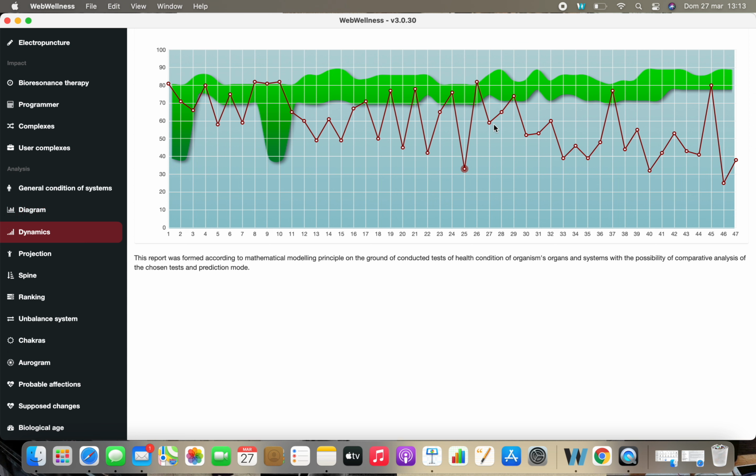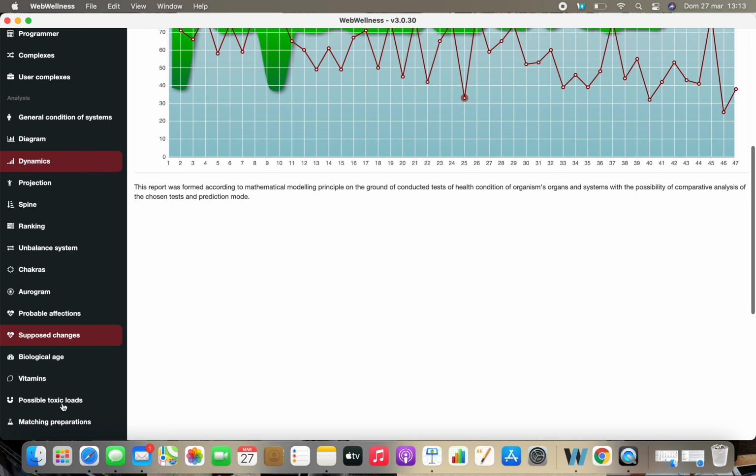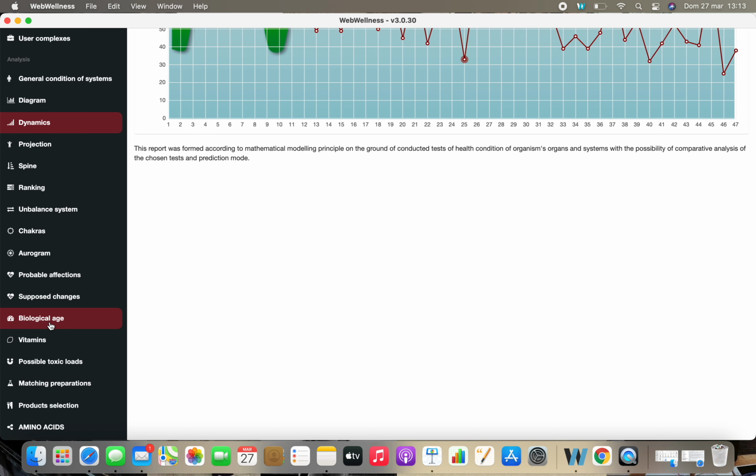As you saw, we can see the systems, we can see all the organs, we can see the dynamics, but it's the same measurement. And all the other parts that we measure, such as chakras, biological age, vitamins, possible toxic loads, probable affections, probable changes. All this data is not what we measure exactly, but what the system is capable to show us using artificial intelligence statistic data of clinical tested reports.